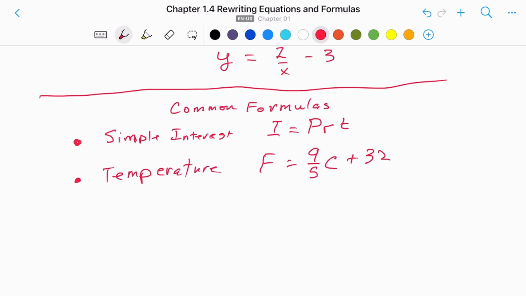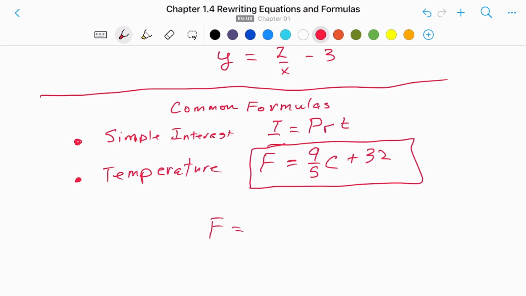This is a problem you can solve for C. This is the actual formula for Fahrenheit: F equals 9/5 Celsius plus 32.